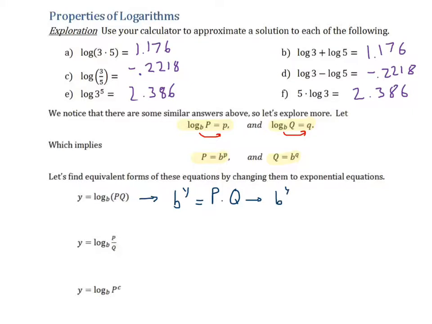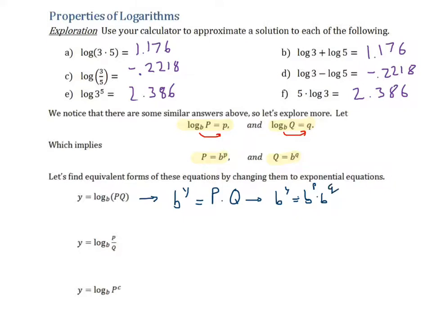B to the y equals, now from up above, capital P is b to the p and capital Q is b to the q. So let's substitute b to the little p times b to the little q.